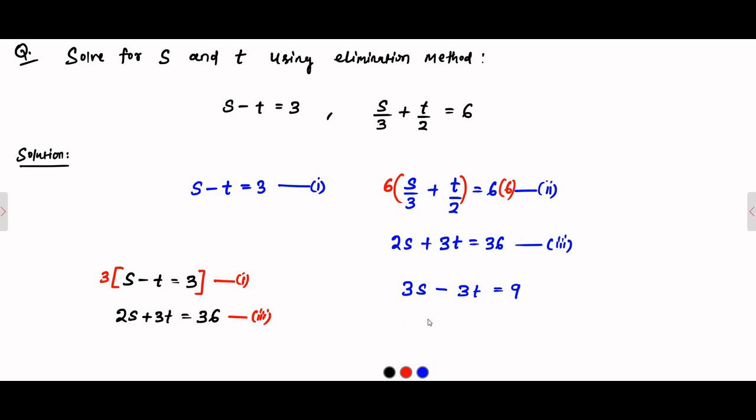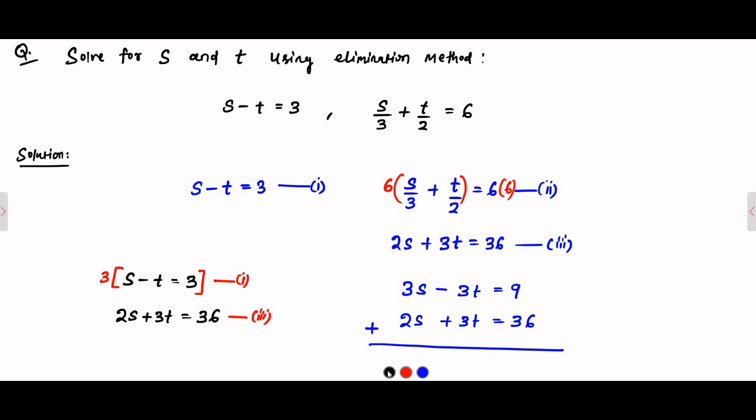Then we have the third equation which we got here, that is 2s plus 3t is equal to 36. Now suppose we add both these equations.